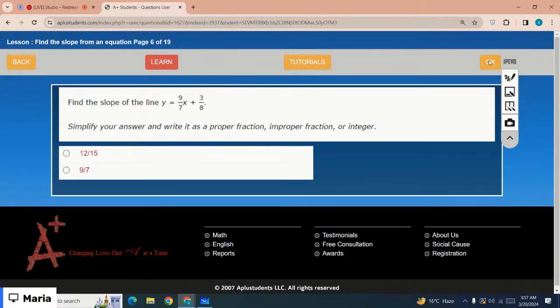Find the slope of the line y equals 9 by 7x plus 3 over 8. So which is the correct option? The correct option is 9 over 7. Option number 2 is the correct option.